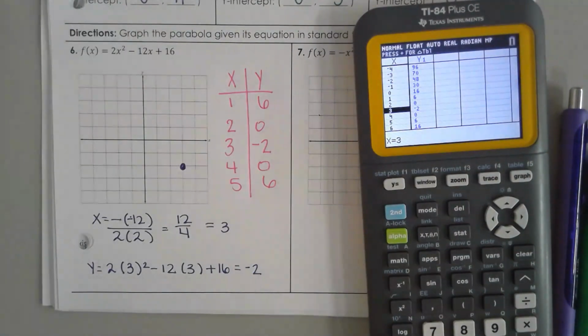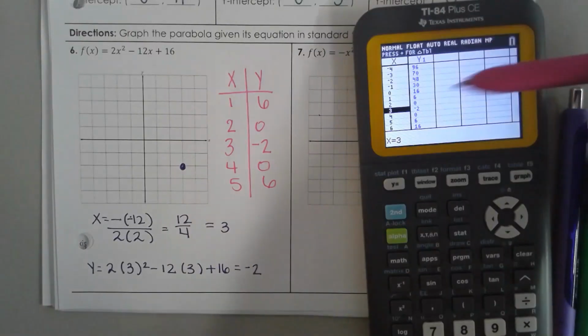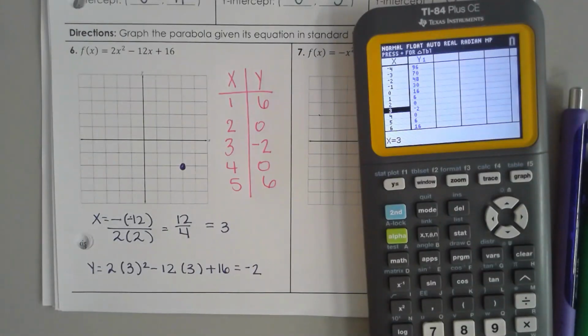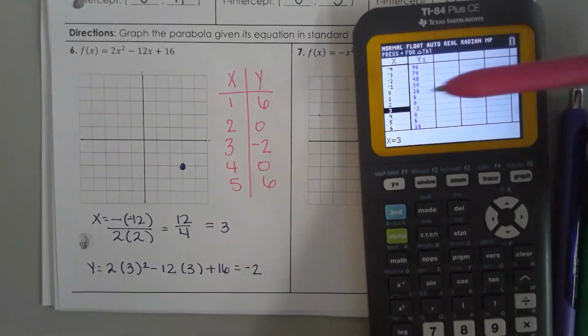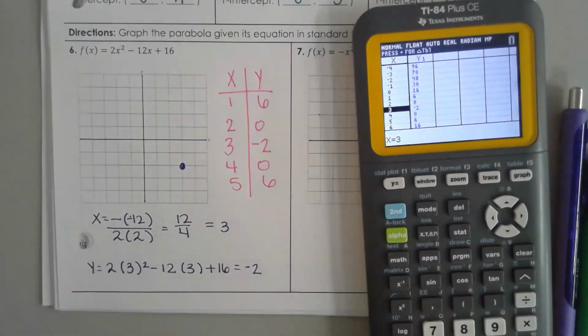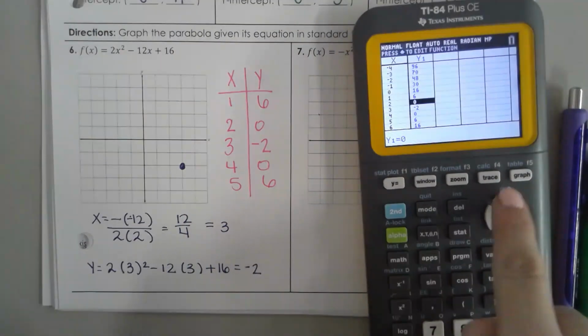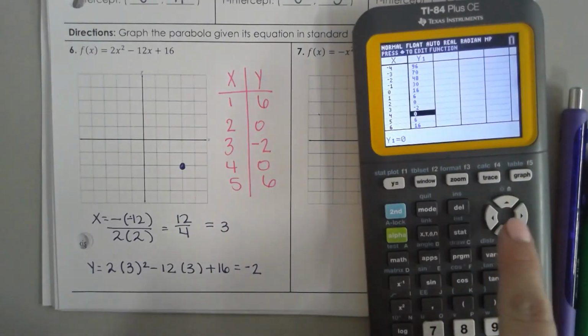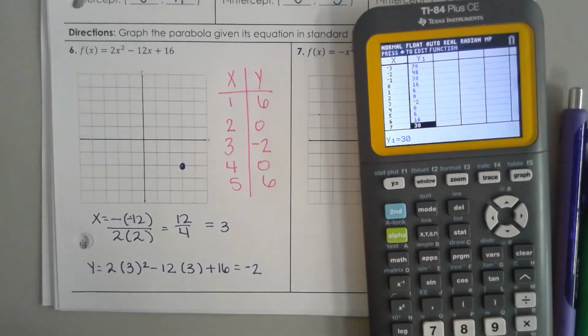If you look at your vertex, parabolas are symmetric. Going up from the vertex and going down from the vertex, notice your numbers are the same. Above I got 0, 6, 16, 30. Below, 0, 6, 16, 30. That's just a feature of the graph.